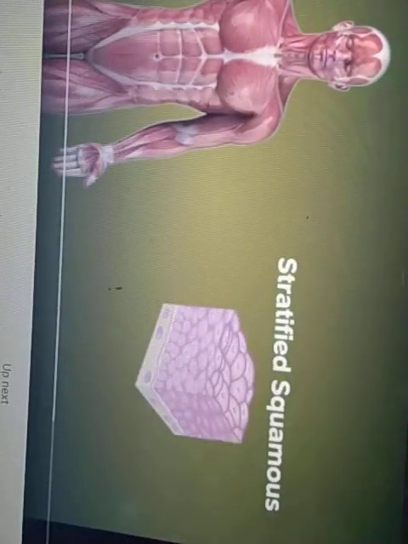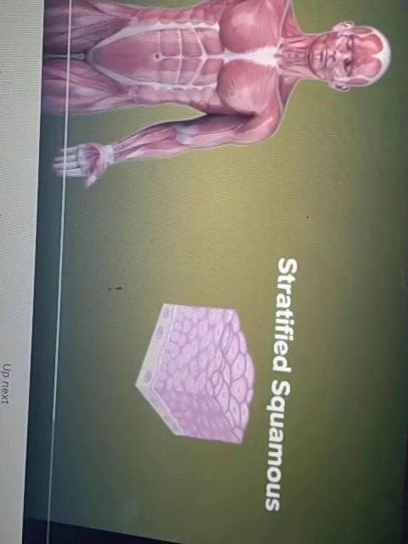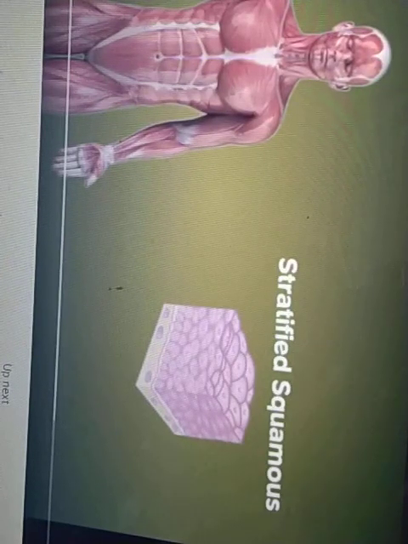Now next we'll do the stratified squamous epithelial tissue. Stratified squamous epithelial tissue is formed of layers of squamous epithelial tissue. Several layers are present and that forms the stratified squamous epithelial tissue.